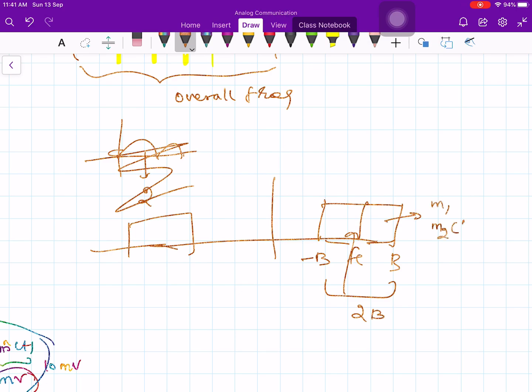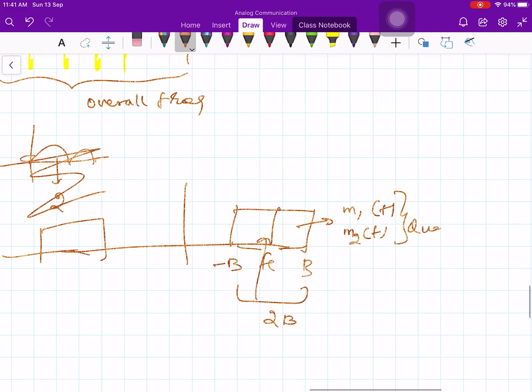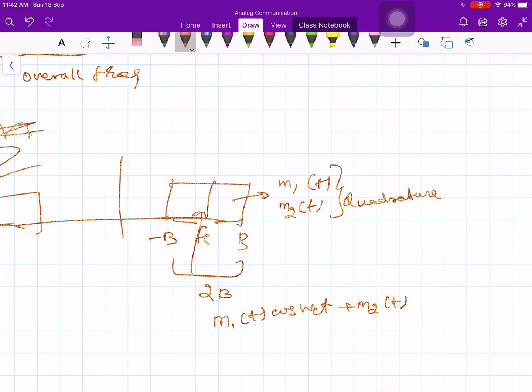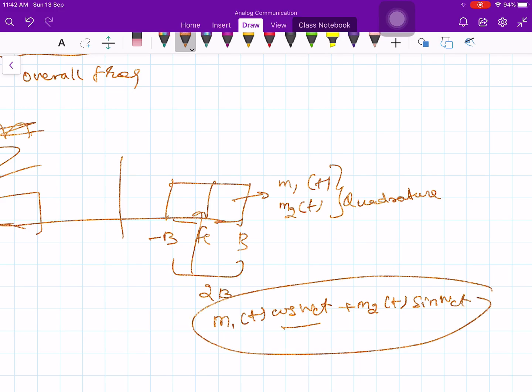This we have already seen, something called quadrature multiplexing. That means m1(t) is multiplied by cos omega_c t, plus the second message signal is multiplied by the same carrier, but in quadrature with the first one, that is sin omega_c t. This is your quadrature carrier multiplexing. So you can do quadrature multiplexing in each band, which is twice the SSB. Here also the bandwidth is 2B, and two message signals you are transmitting.